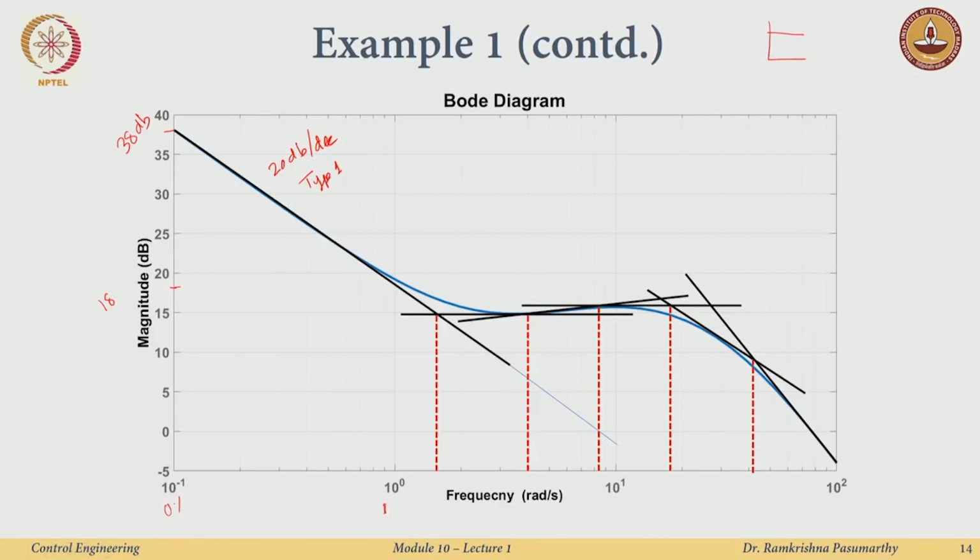Now second thing we need to identify are the corner frequencies. I start with a slope of minus 20 dB per decade here, and I see that my slope changes from minus 20 to 0 dB here, right.